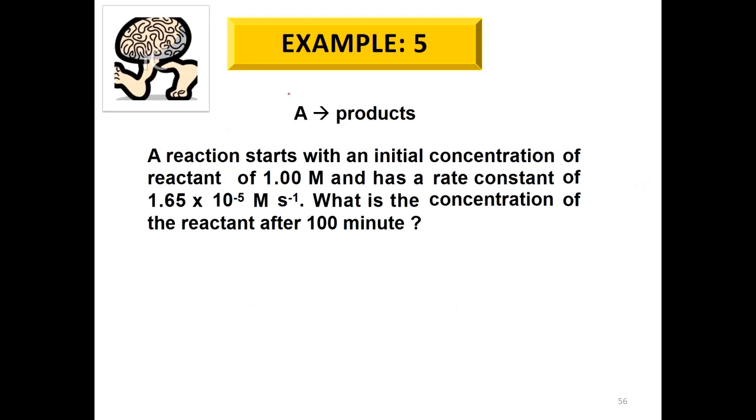Now look at example 5. We have A to produce the product. A reaction starts with an initial concentration of reactant of 1 molar, so A naught is equal to 1 molar, and has a rate constant of 1.65 times 10 to the power of negative 5 molar per second.